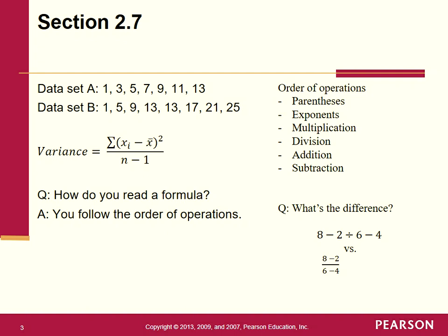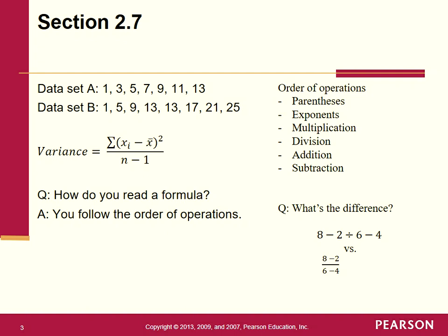So what's the difference? In the first one, what would you have to do first? Because there are no parentheses, no exponents, and no multiplication, you would do the division first: 2 divided by 6, and then you would do the subtractions. But what about the bottom one? There's something we're supposed to inherently know.